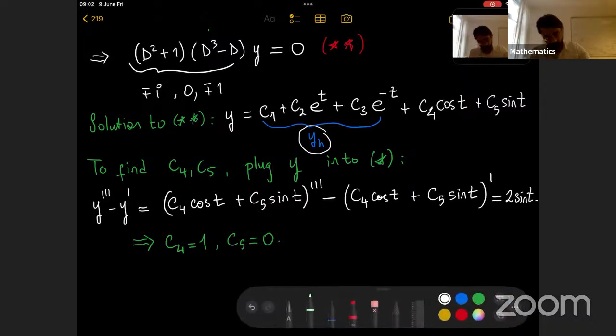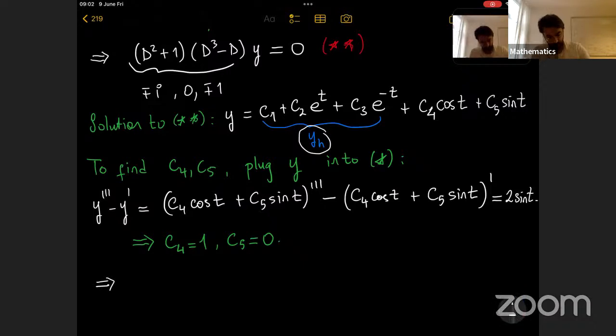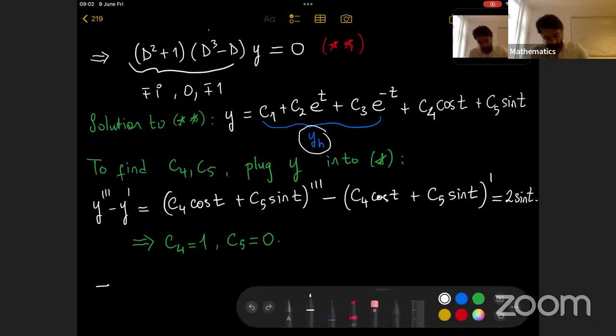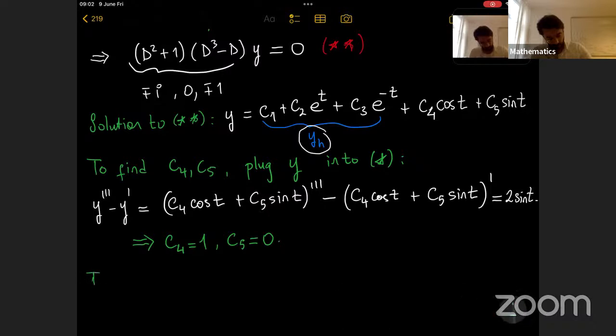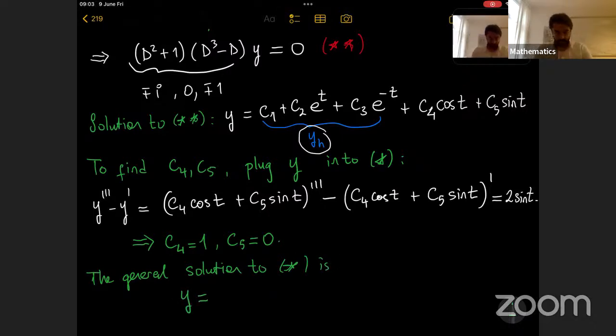So this implies the general solution to star is y equal to, remember, C1 plus C2 e to the t plus C3 e to the minus t.